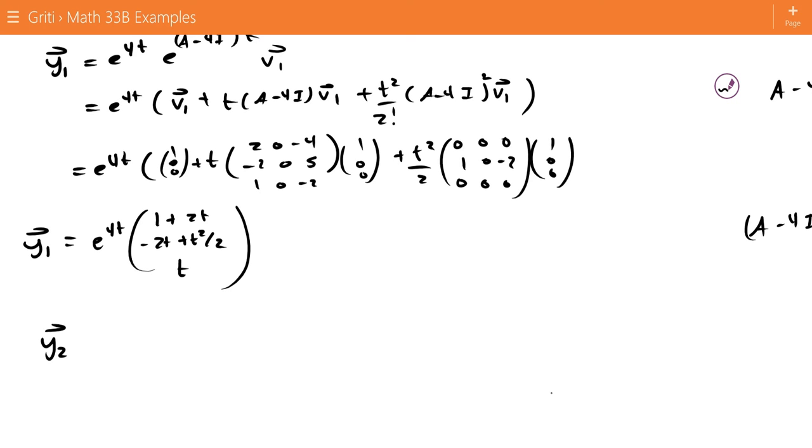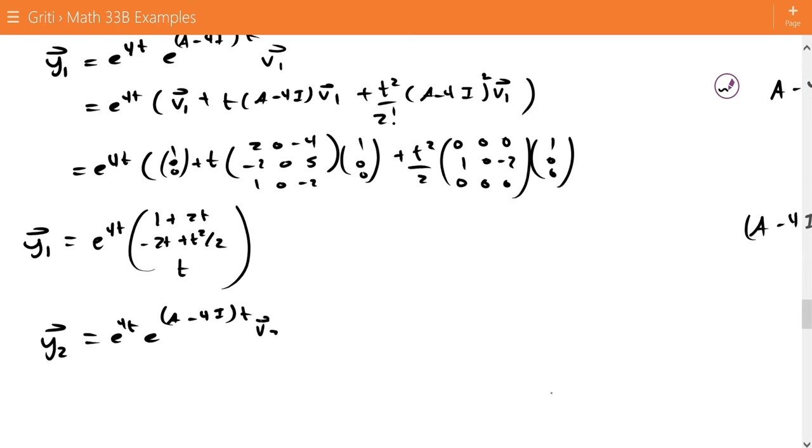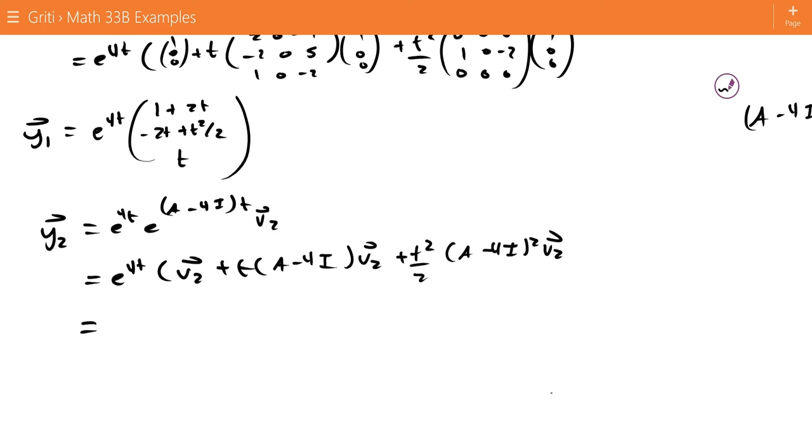And likewise for y2, it's going to be e to the 4t times e to the (A minus 4I) t times v2, and that's going to equal v2 plus t (A minus 4I) v2 plus t squared over 2 (A minus 4I) squared v2. And I'll let you do the calculations for that, but that's actually just going to turn out to be e to the 4t times 0, 1, 0.